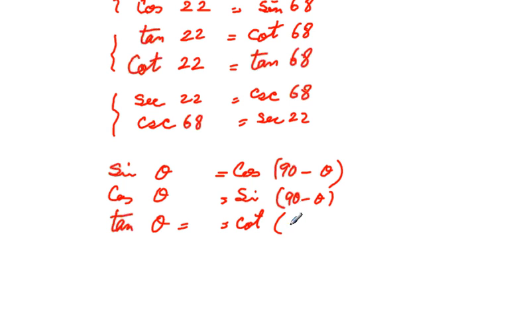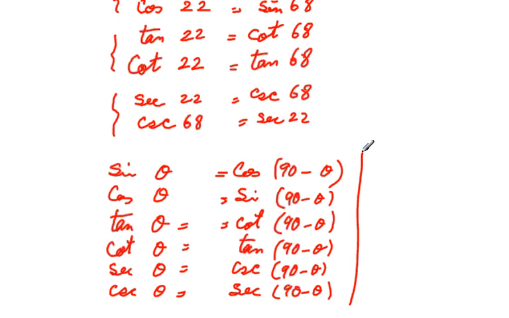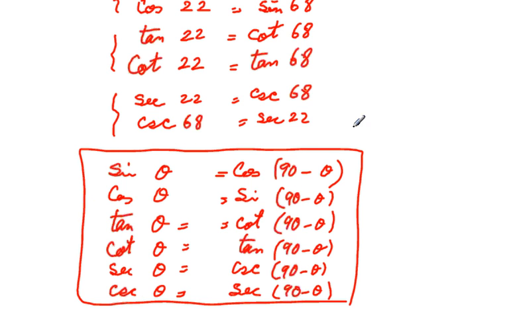Cotangent of 90 minus theta. If I had started with cotangent, I would have had tangent on that side. If I had secant, cosecant of the complementary, you get it by 90 minus the original, and if you had started with the cosecant, you do secant of 90 minus theta. So these are called cofunction identities.